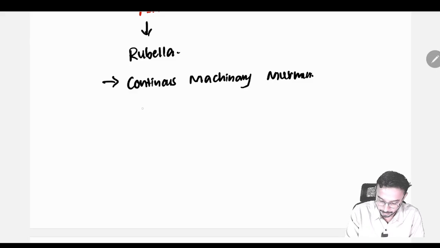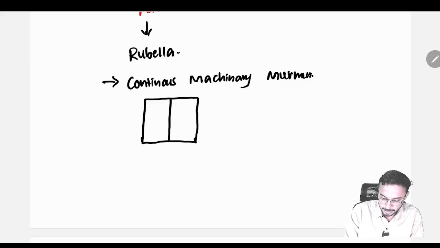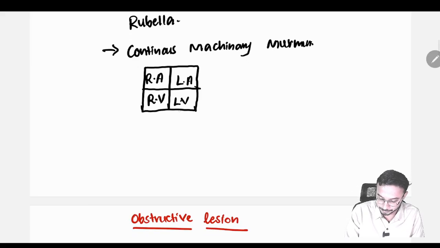I will draw the diagram for you. So these are the chambers: left atrium, left ventricle, right atrium and right ventricle, and this is the aorta. And remember, this is the pulmonary artery.